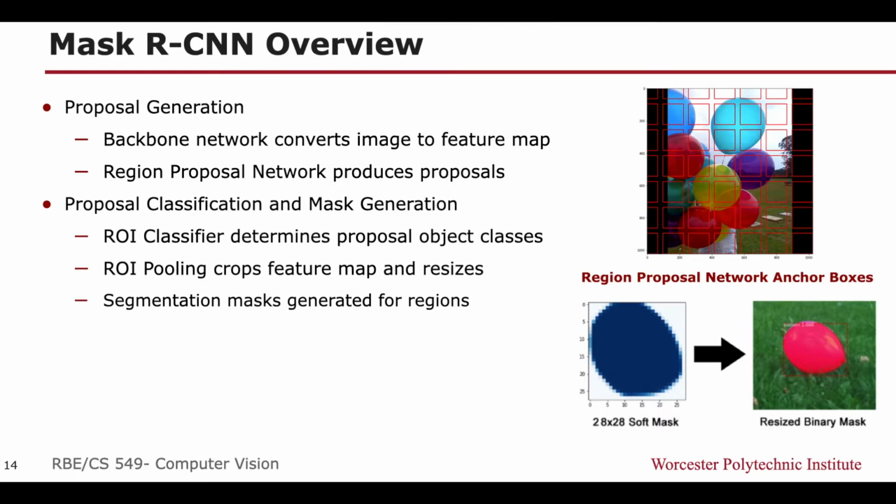And then an ROI pooling method runs to crop those feature maps and resize them to make sure they're all the same size. Then at the end, segmentation masks are generated for the regions, such as the one shown in the bottom right-hand corner. And that mask shows the overall outline of the image.